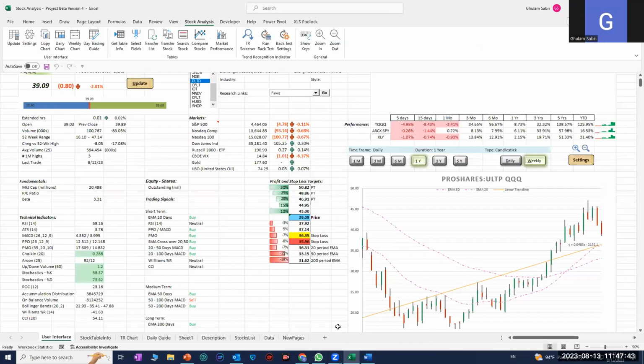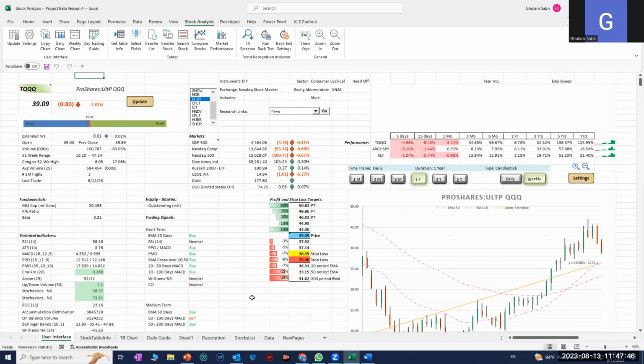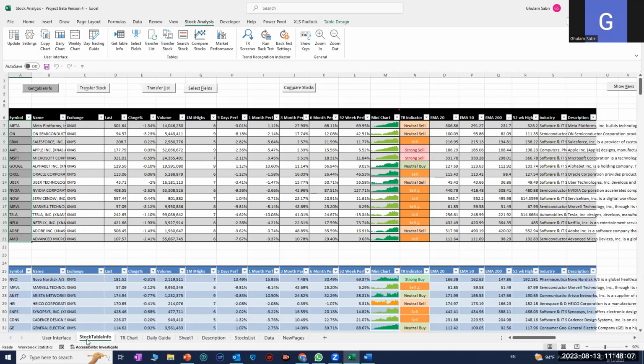So the advantage here is that you can use all the Excel functions right here. You can copy the worksheet, you can add your formula, but it can disturb the worksheet and the code. And you have the menus up there on the custom ribbon. So you can add as many watch list tables as you want.